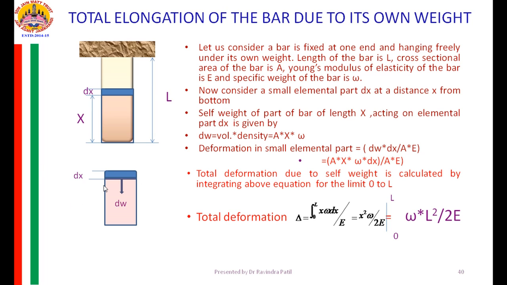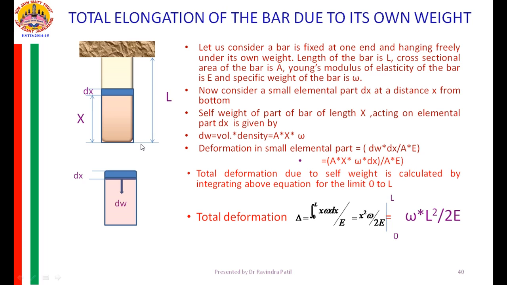Total deformation delta is the total deformation of that whole part, and whatever deformation we have calculated is the deformation of the small elemental part dx. For this part, this is the deformation.